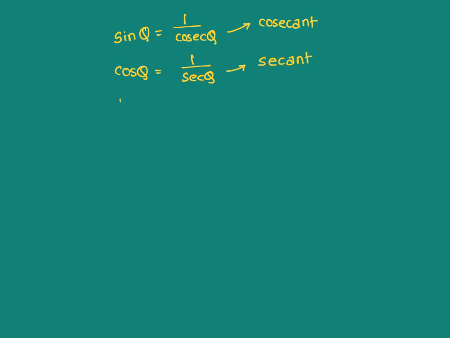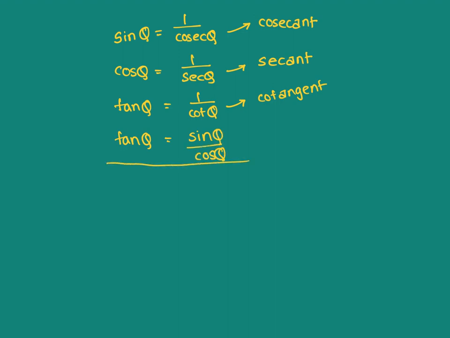Then we have tan theta, which is 1 by cot theta, and cot is basically cotangent. And there's one more, that is tan theta is equal to sine theta by cos theta.